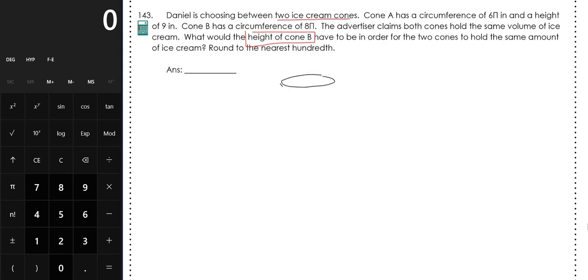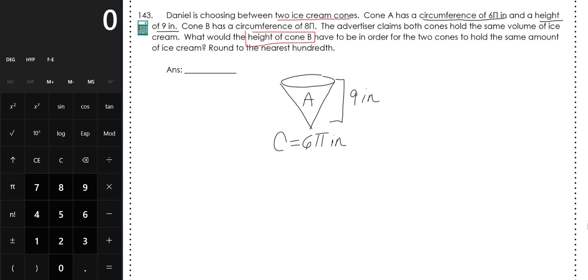Here's our first cone. I'll call this cone A. And they're telling us cone A has a circumference of 6 pi inches. So I'm going to write down circumference equals 6 pi inches, and a height of 9 inches. So the height here is 9 inches.